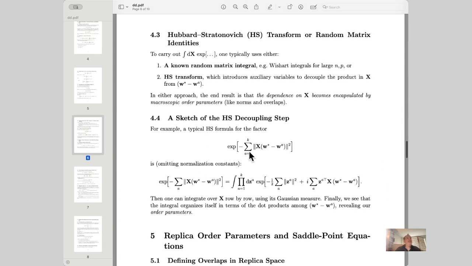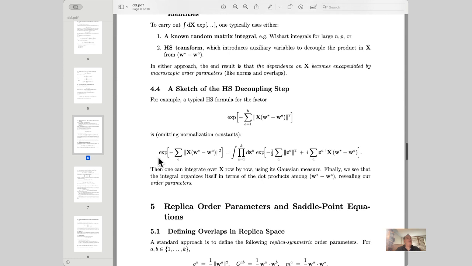And the idea is that you have this decoupling step, where you're able to write this exponential in terms of an integral over this. Now you have this variable A, and you're able to do this transformation where you get this extra Z term. So this Hubbard-Stratonovich transformation lets you represent the quadratic form.